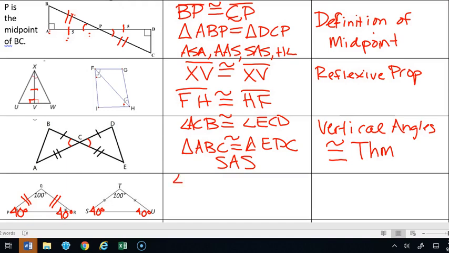We know that angle S is congruent with angle U, is congruent with angle P, is congruent with angle R. We also know that PQ is congruent with QR, congruent with ST, congruent with TU.